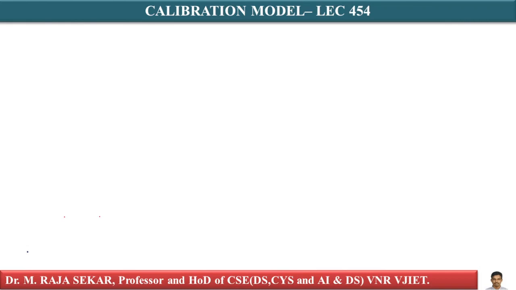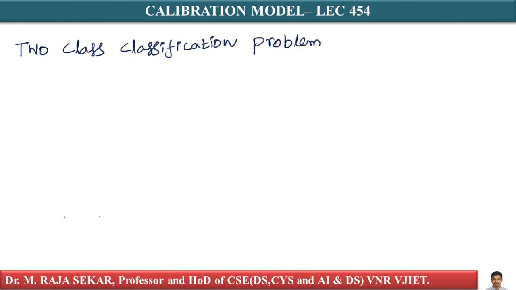So let's take a simple example of a two-class classification problem, in which my yi belongs to 0 comma 1.